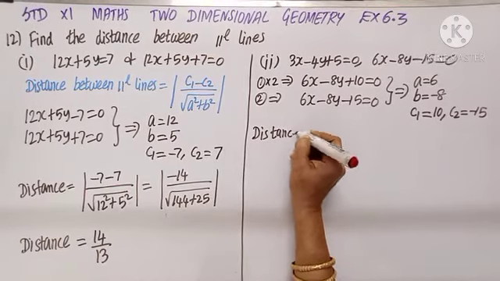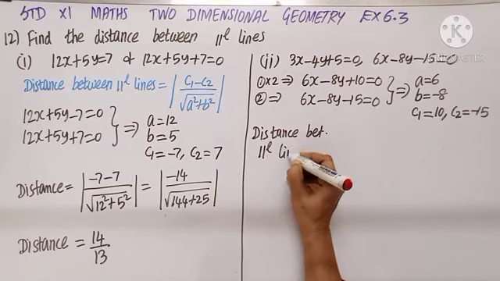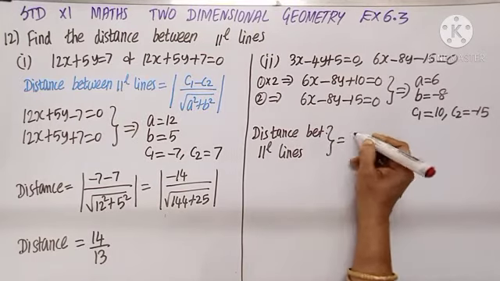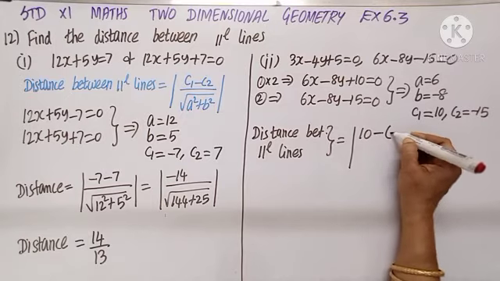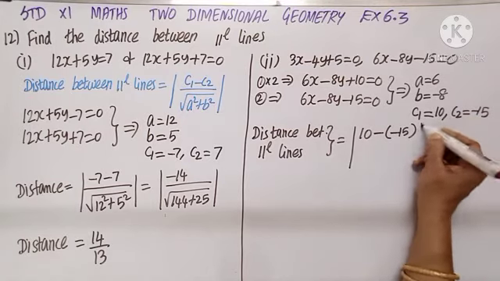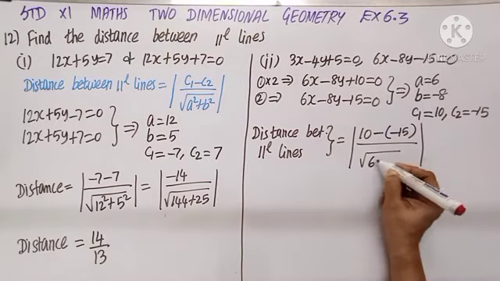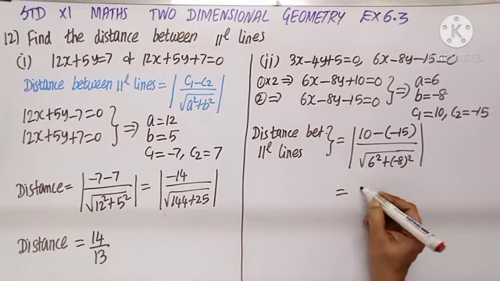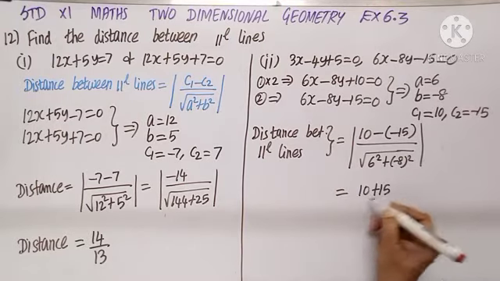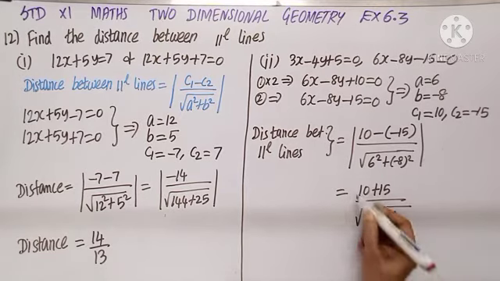Distance between the parallel lines equals modulus of C1 minus C2, 10 minus of minus 15, by root of a square plus b square, 6 square plus minus 8 the whole square. 10 plus 15 by root of 36 plus 64.